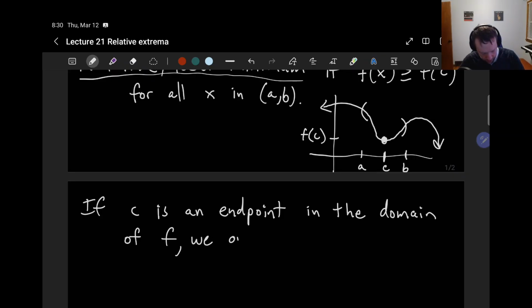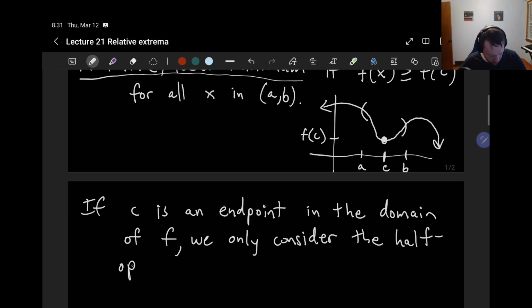So in that case, we only consider one of the sides. So I'll say we only consider the half open interval, the part that is in the domain.